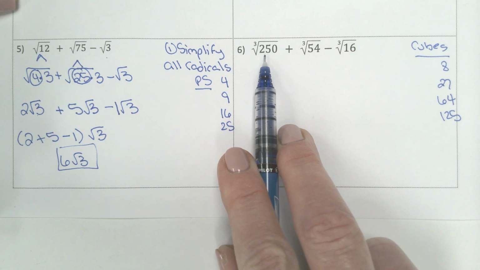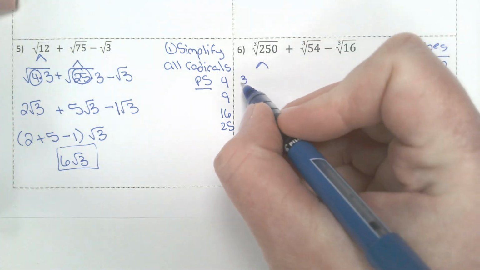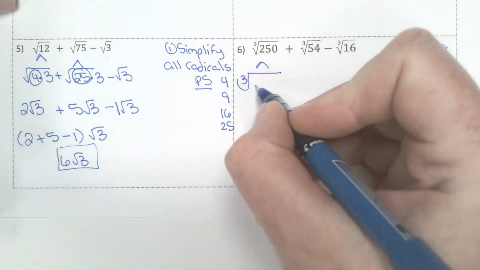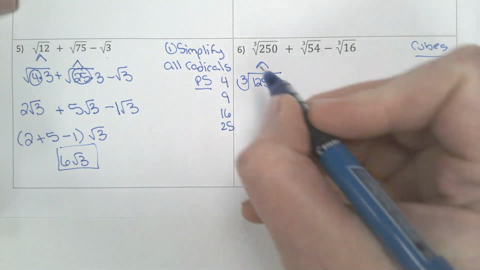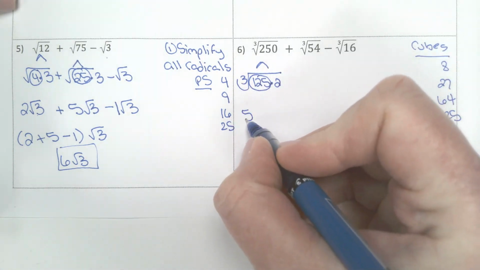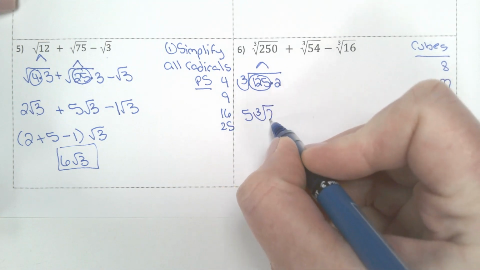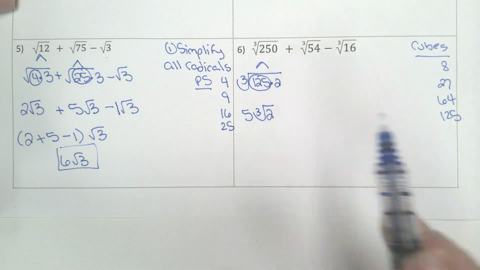So 125 times 2 is 250. So I'm going to break this one down into 125 times 2. The cube root of 125 is 5. So this first one simplifies to 5 cube root of 2.